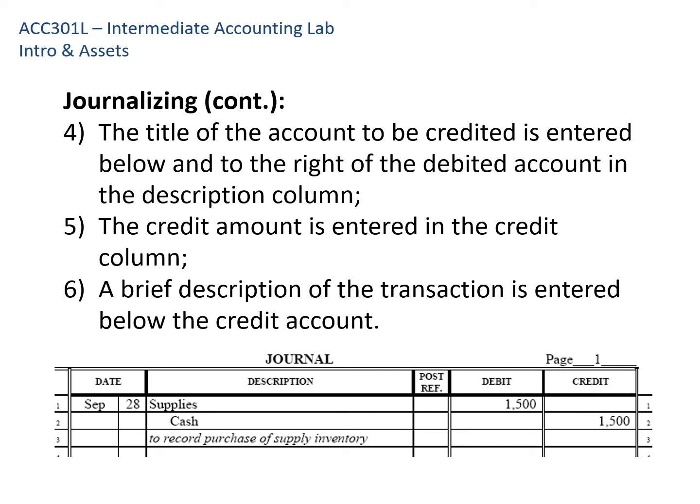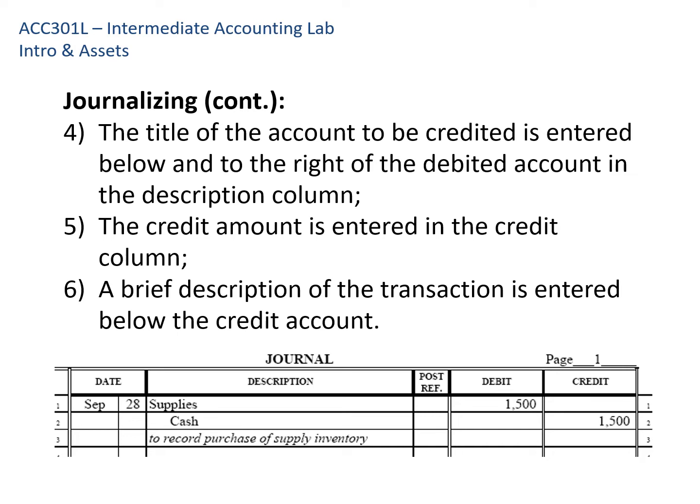The credit is then listed, and notice we indent about 3 or 4 spaces and record the description of the credit account, and then we record that amount under the credit column. This allows us to total both columns and confirm for the entire page that debits equal credits before we enter them in a computer system.